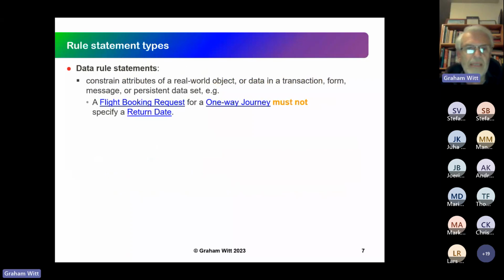So let's look at some rule statement types. Data rule statements generally constrain attributes. There can be some other types of data rule statements, but the vast majority of them constrain attributes. And so they typically have the name of the attribute and again the name of the owning entity.